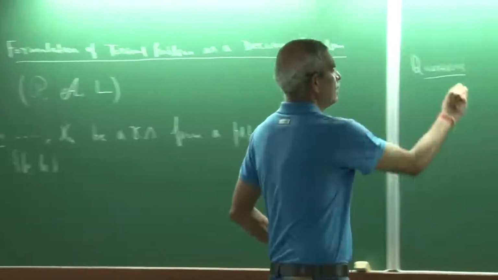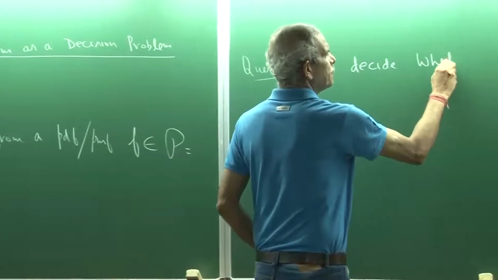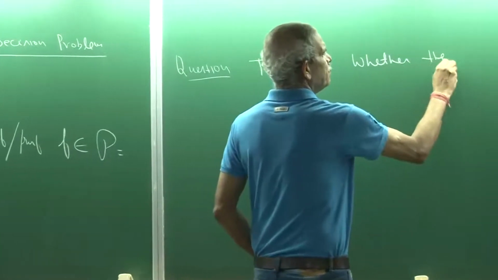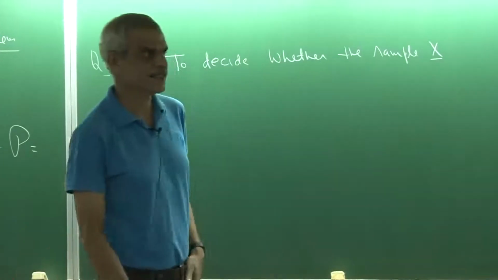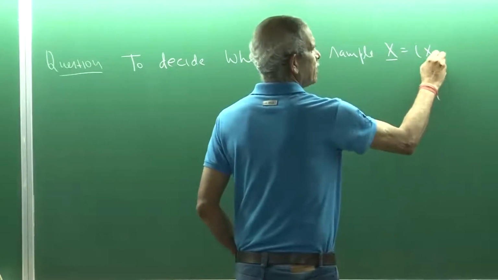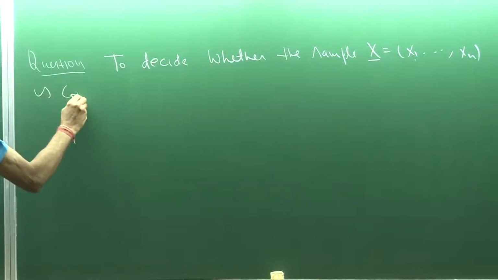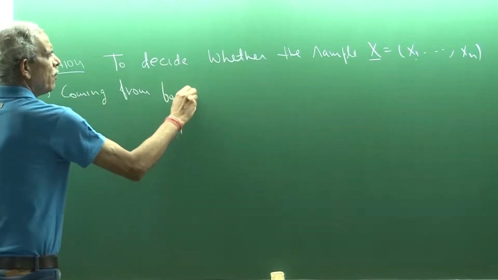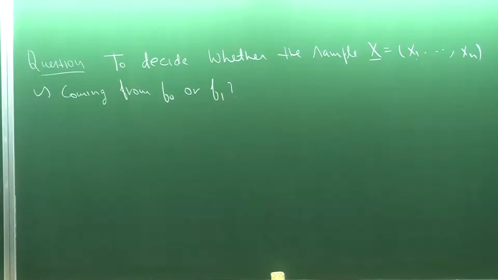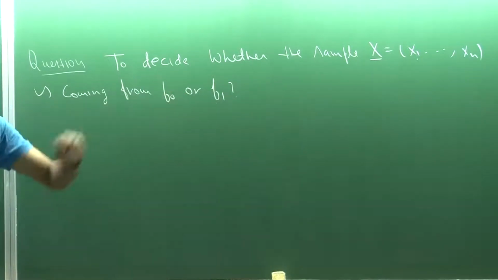To decide whether the sample, let me write this as a vector x, which is x1, x2, ..., xn, is coming from f0 or f1. So based on the data, I have to take an action that either it is coming from f0 or it is coming from f1.